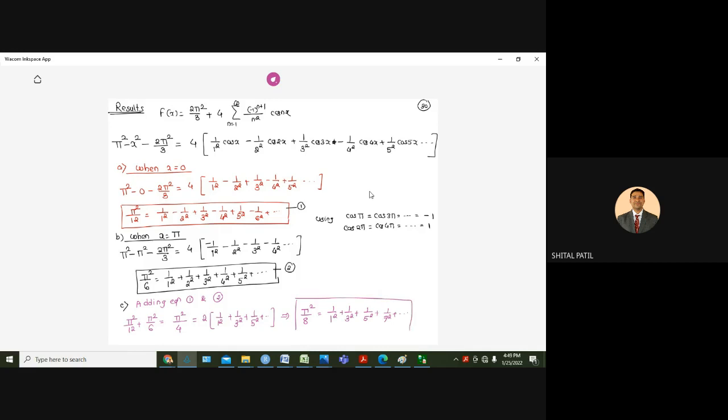So in this way, we can find the sum of an infinite series using the Fourier series expansion. Clear?